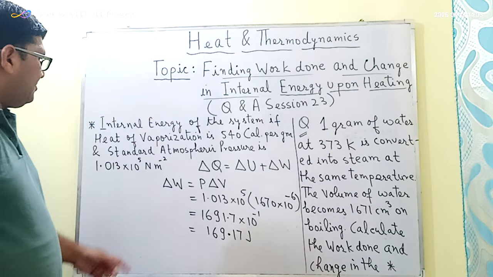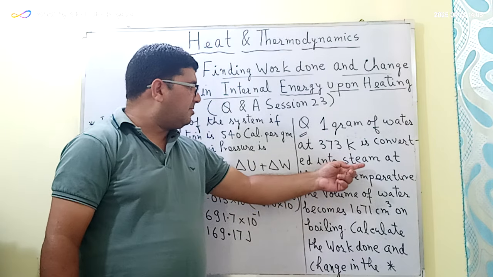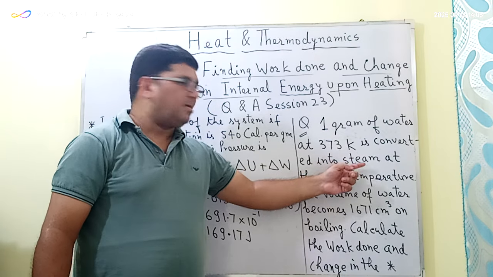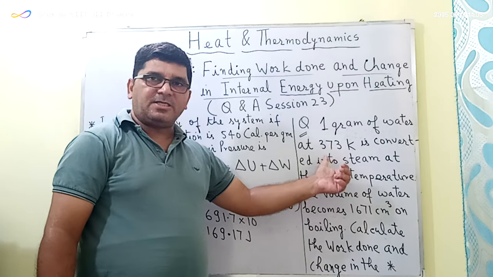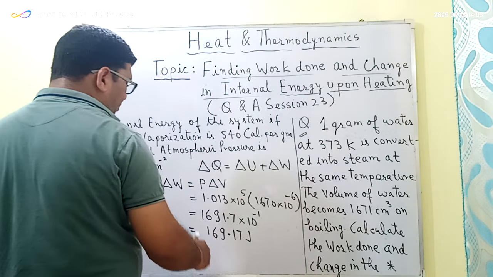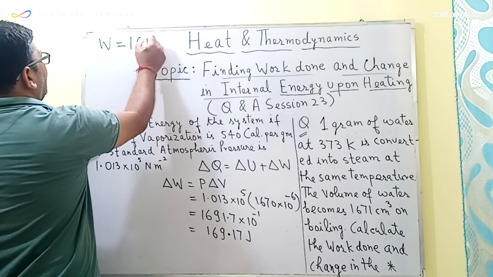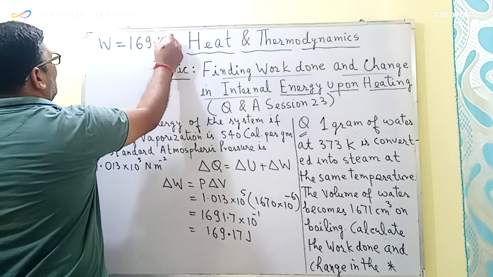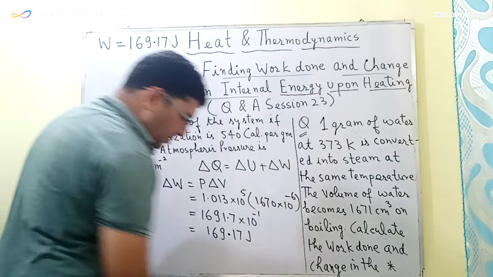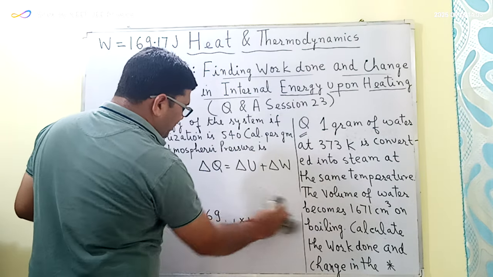So the work done in converting this water into steam at 100 degrees centigrade or 373 Kelvin is equal to 169.17 joules. So I will be writing here work done is equal to 169.17 joule.